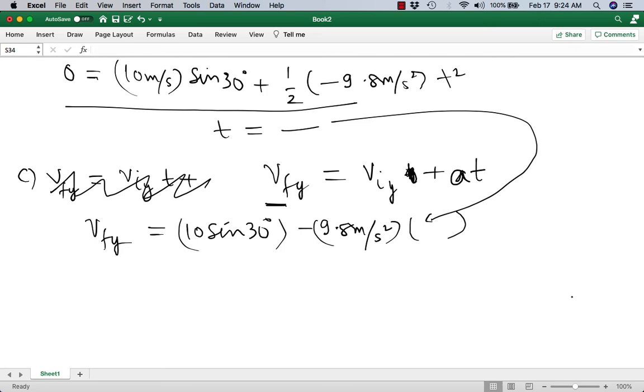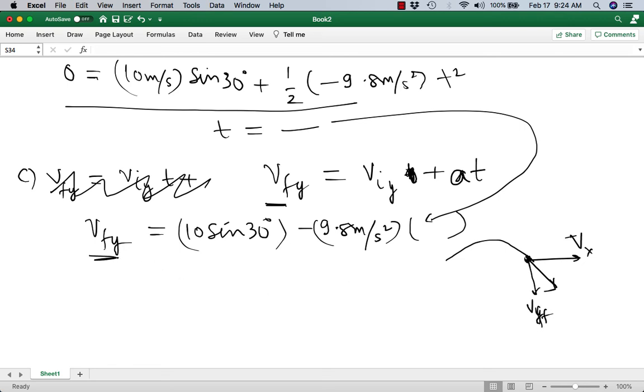And then it's asking for the total velocity, or the velocity vector. Okay, so the ball is falling like that, so it will have this vx component, and it will also have this vy component, vy final.